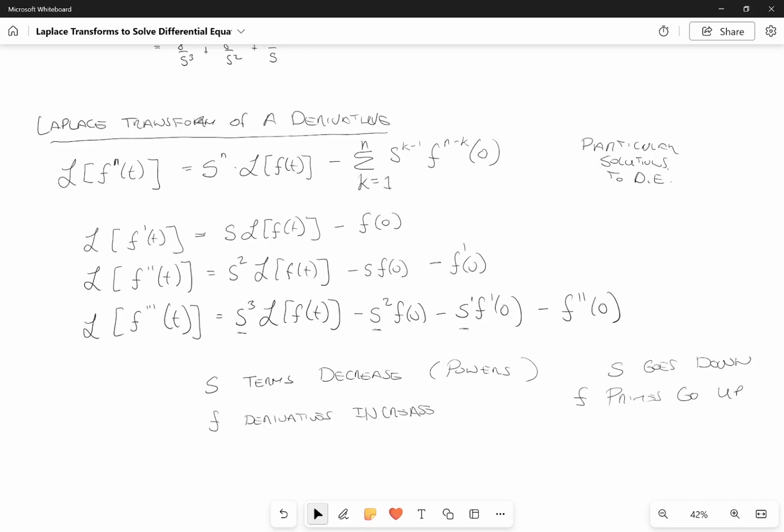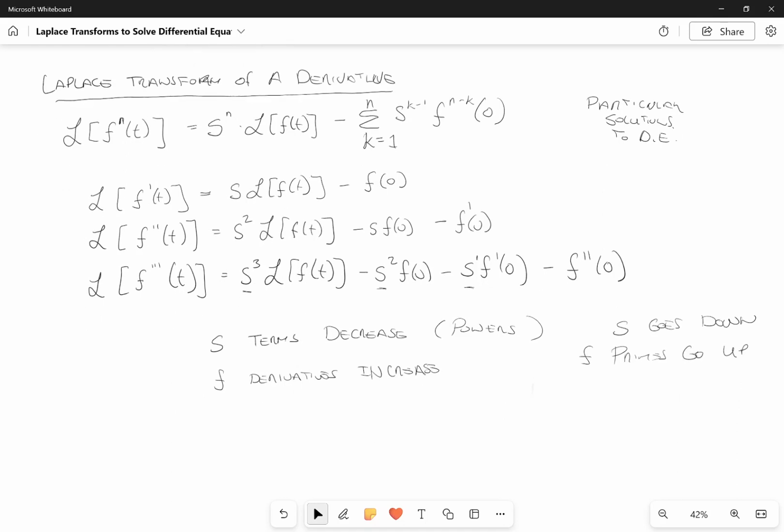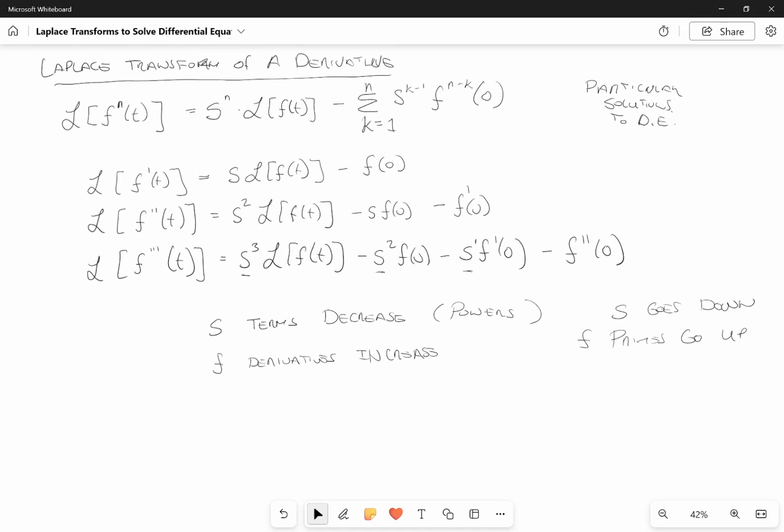You can also do it the other way, depending on the order that you write these equations. You can write your primes going down and s powers going up. But if you look at it this way, you start off with s to the 3, then you subtract s squared, s to the 1, s to the 0, which is just 1, and then you increase your primes where you need to know your initial value.